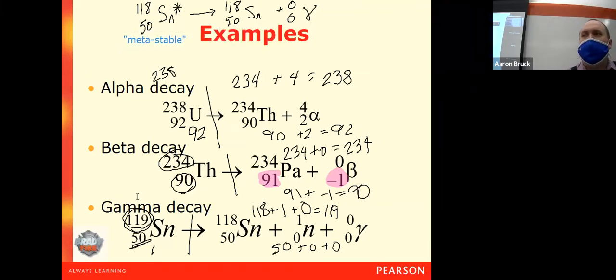What that means is that it is stable to a certain degree, but it is not in the most stable form. So it'll sit there for an indeterminate amount of time. It's not going to immediately decay, but at some point it will decay because there is a lower energy state available to it. And when it reaches that lower energy state, it's going to give off that gamma ray as a result.